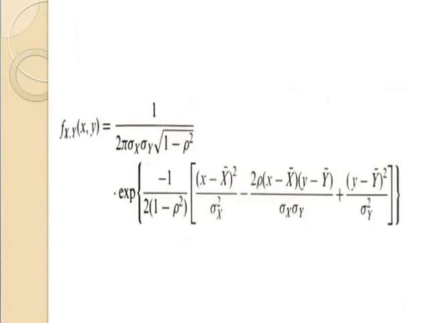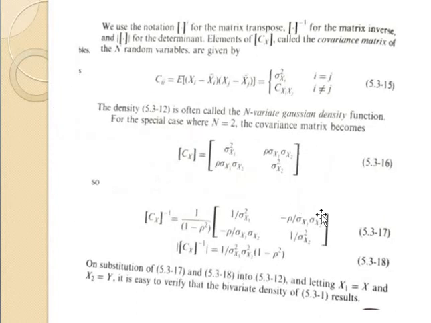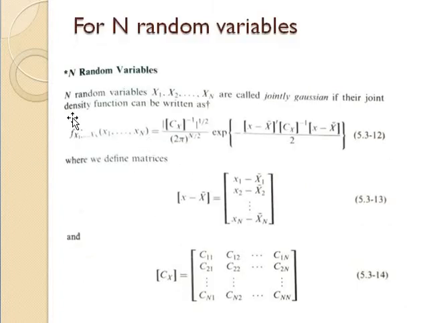So we have got this expression again by substituting these values in this function. So we can say that for any number of random variables, we can find their density functions by using these expressions.